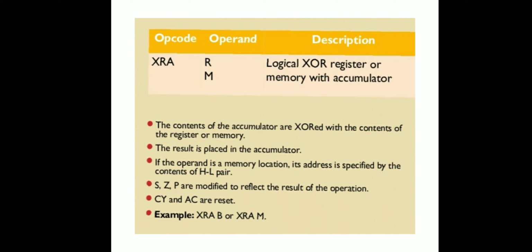If the operand is a memory location, then again the address is specified by the content of the HL pair. Again the flags are set according to the result of the operation, and the carry flag and auxiliary carry are reset.